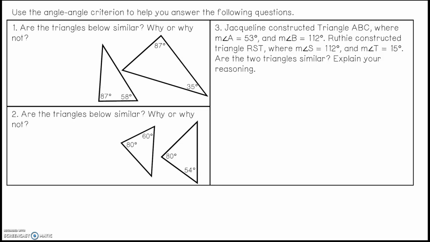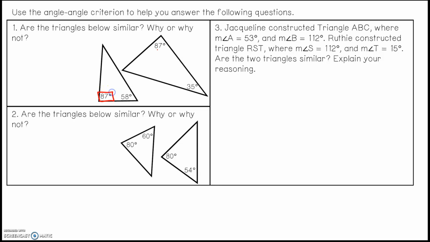Okay, so an example: use the angle criterion to help you answer the following questions. Are the triangles below similar? Why or why not? Well, when I'm given degree measures inside the triangles, I can use that angle criterion to prove that they're similar. I need two sets of congruent corresponding angles.